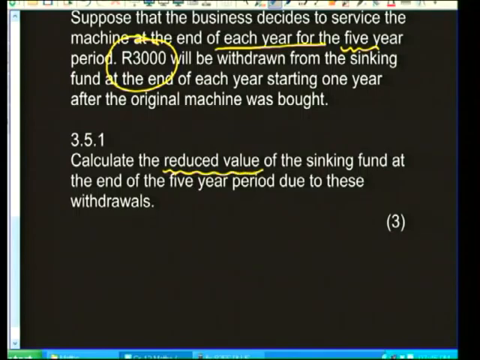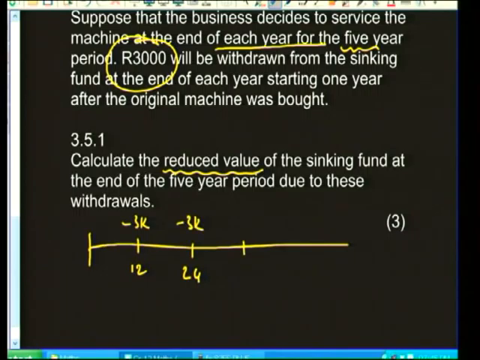What's the reduced value? Now, if we just have a look at what's happening, at the end of 12 months, we're going to be taking out 3,000 Rand. Same at the end of 24 months, same at 36, same at 48, and the same at 60 months or the end of 5 years.